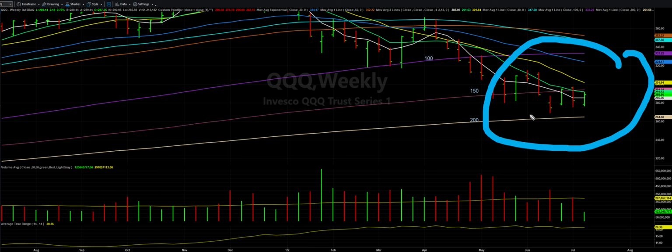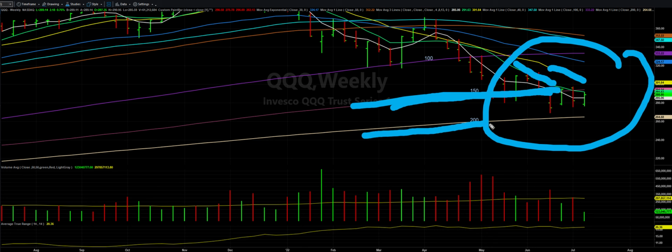It's closing up the most and it's running the most. But look at it. You got the downward trending 8-week moving average right here, the green line. You got the 150-week moving average line right here. Then you got a downward trending 13-week moving average right overhead. It's a lot of overhead resistance, y'all.